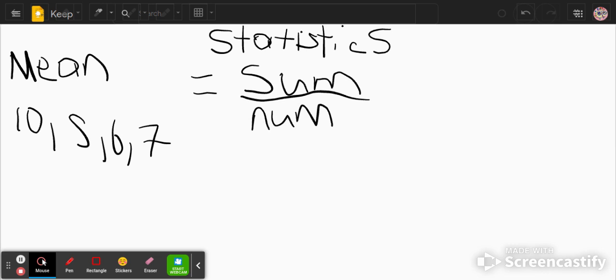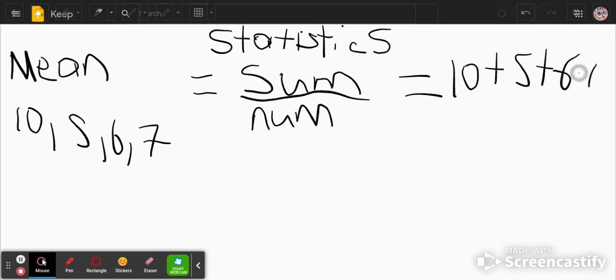Let us add these numbers together. So it would be 10 plus 5 plus 6 plus 7 divided by the total amount of numbers, which is 1, 2, 3, and 4.